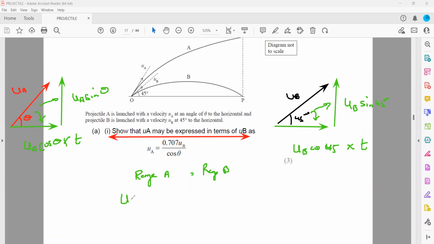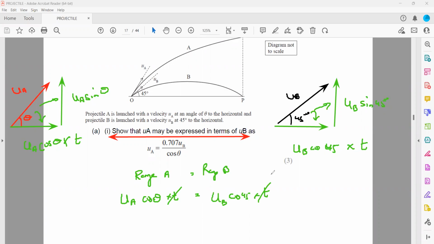Range of A is UA cosine theta into T, and range of B is UB cosine 45 into T. They cover it in the same time interval, so T will cancel with T. T is the same for them.